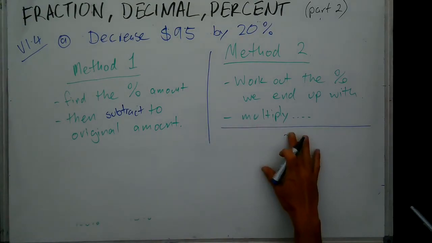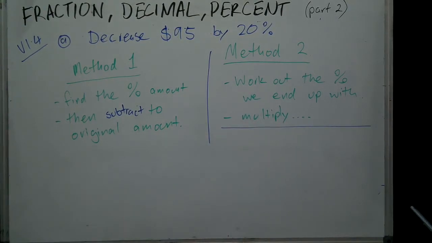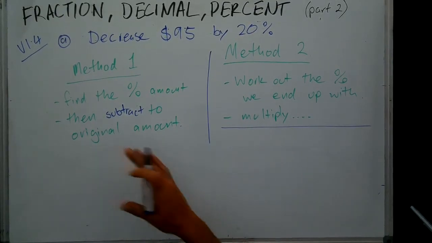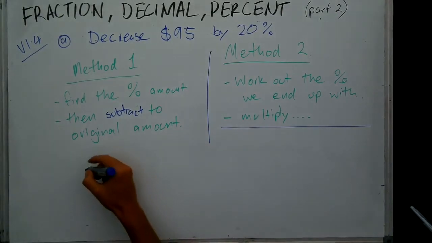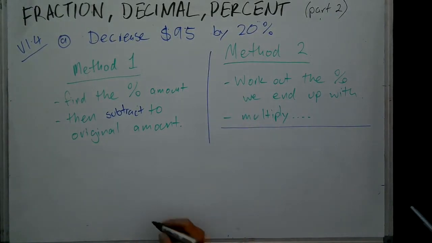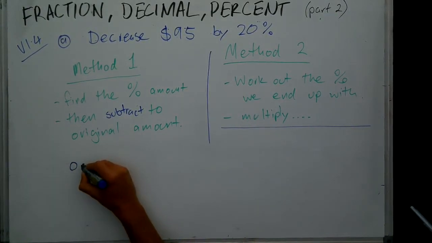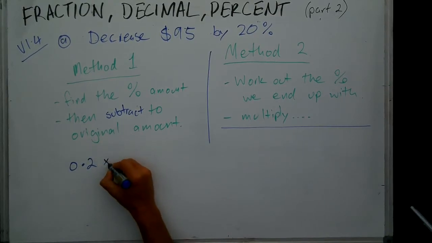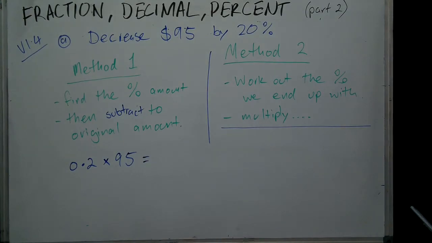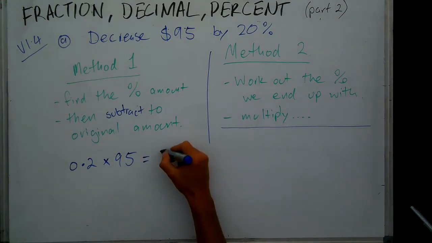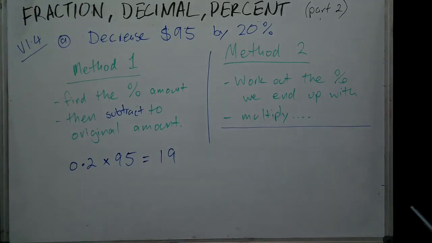So these methods are essentially the same, except instead of adding, we're subtracting. So this is find the percent of the amount. So we're going to turn 20% into a decimal. 0.2 multiplied by $95 equals $19.